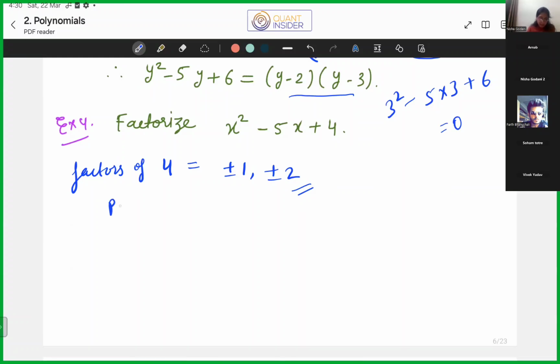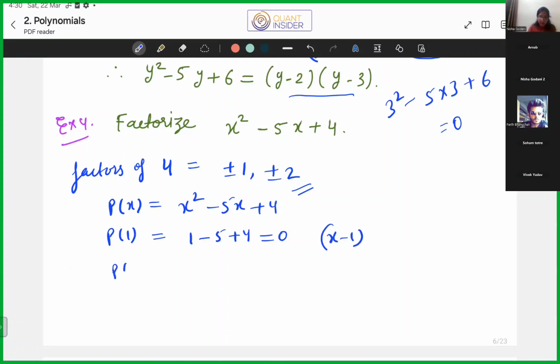Suppose I denote this by P(x), x square minus 5x plus 4. So what about P(1)? 1 minus 5 plus 4, yes, it is 0. So x minus 1 is a factor. Then P(minus 1): 1 plus 5 plus 4 is not equal to 0. For P(2): 4 minus 10 plus 4 is not equal to 0.